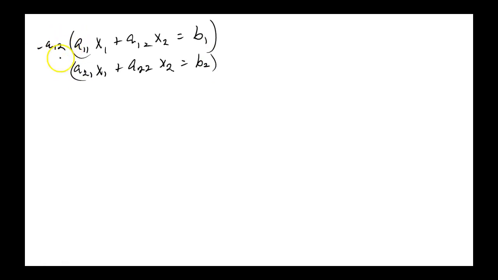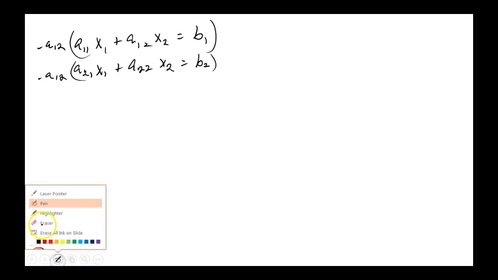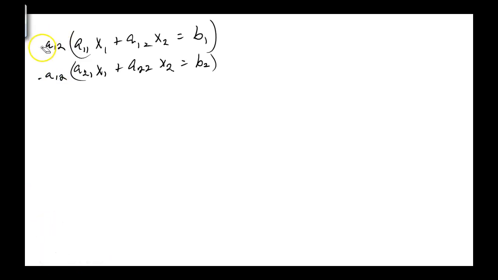No, I'm sorry, the bottom equation by minus a12, and the top equation by a positive a22. In other words, if we're eliminating the x2, multiply the top equation by a22 and the bottom equation by a12.